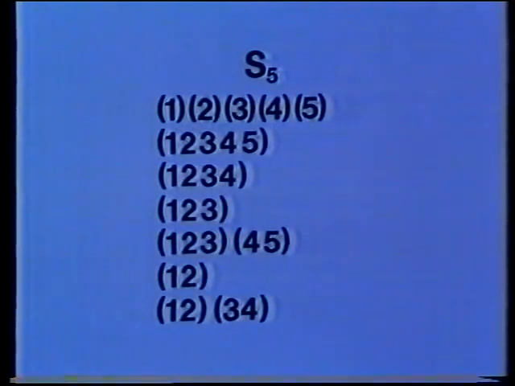So, in a whole symmetric group, like S5, we can write down the conjugacy classes simply by knowing the various cycle forms. These are representatives of the conjugacy classes of S5. The five 1-cycles form the one-element conjugacy class consisting of the identity.